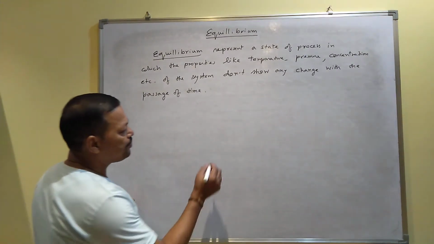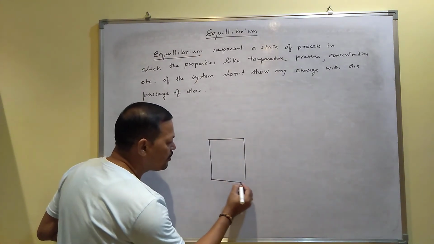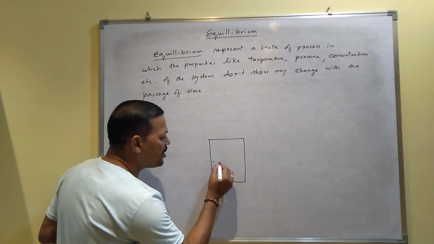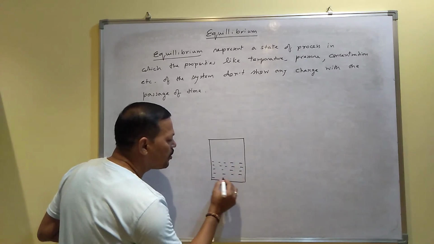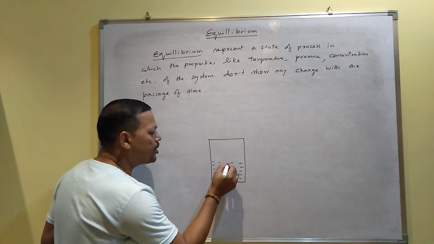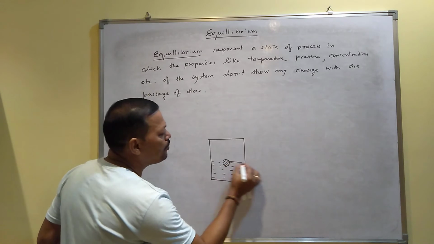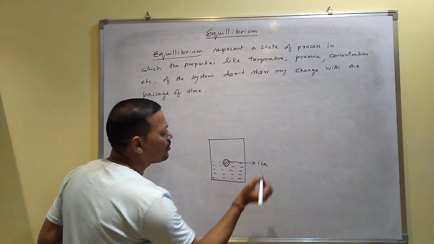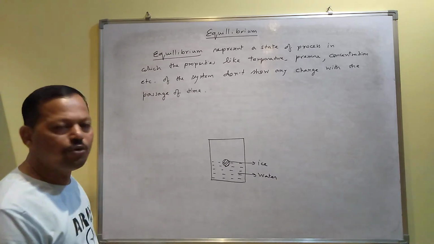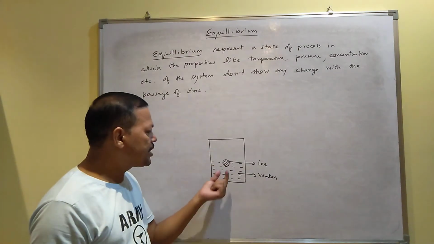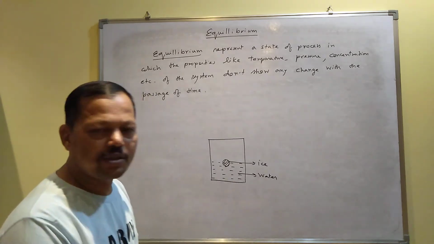For example, this is a container, and the container contains some amount of water, and in that water one piece of ice is present. Normally, when a piece of ice is placed in water, the ice will melt and convert to water.